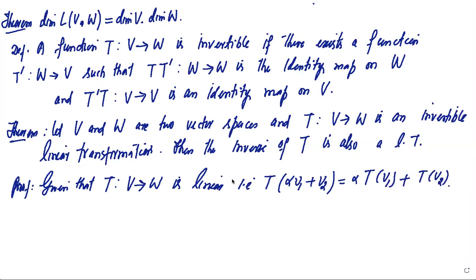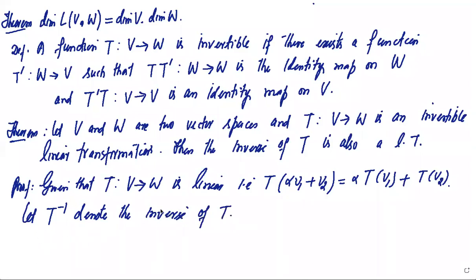This is what we mean by saying that T is a linear transformation. We have to show that T inverse is a linear transformation. So let T inverse denote the inverse of T.